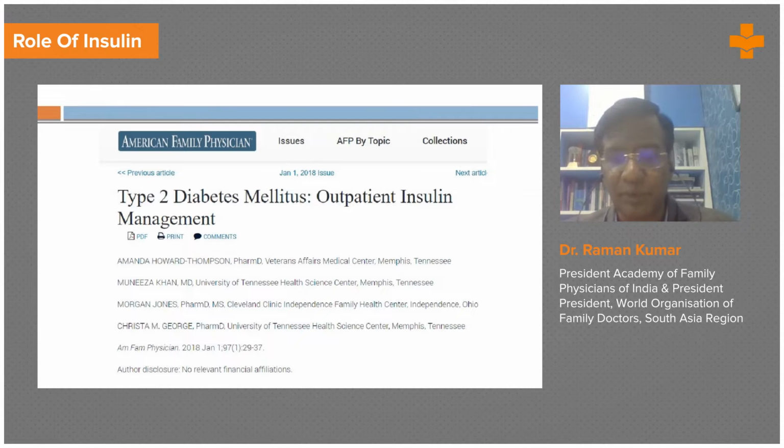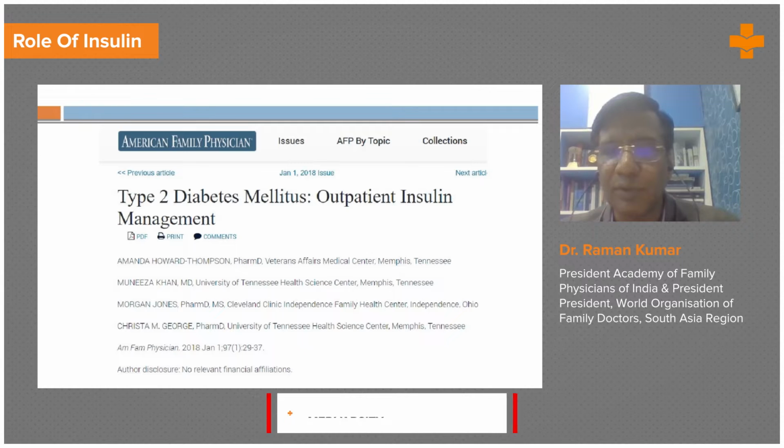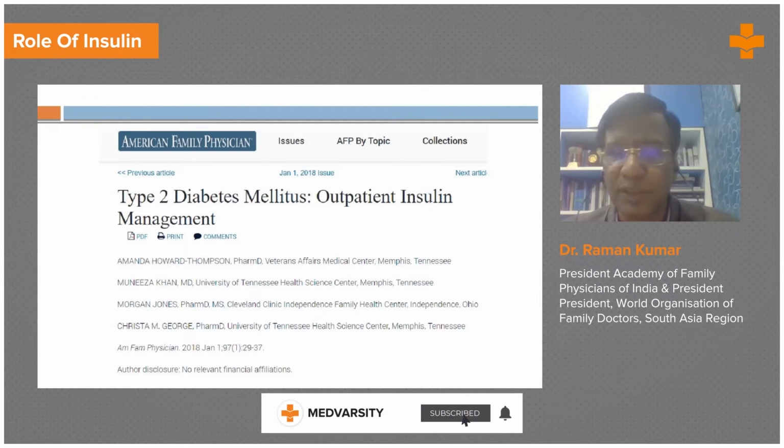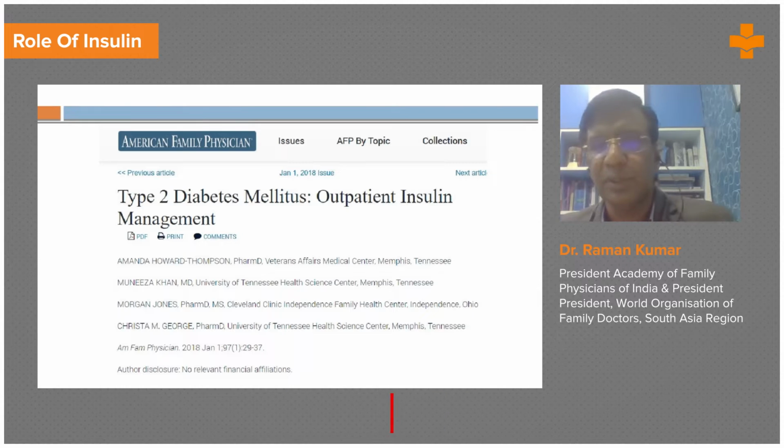There are several types of insulins, and it is important that we know practically how these insulin types work, what they do when we inject insulin in our bodies, because insulin has also been dreaded, as we know that it can cause hypoglycemia, and that is a common situation many times when we manage patients of diabetes.